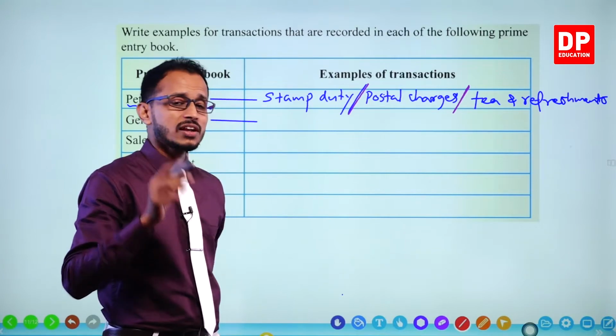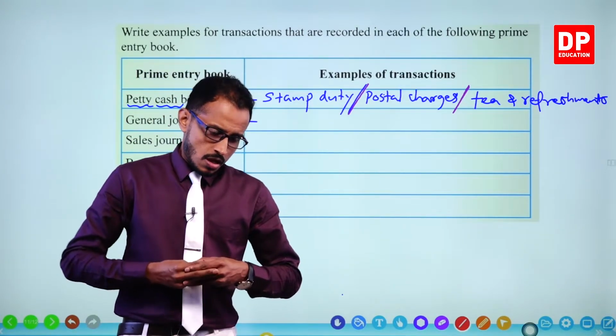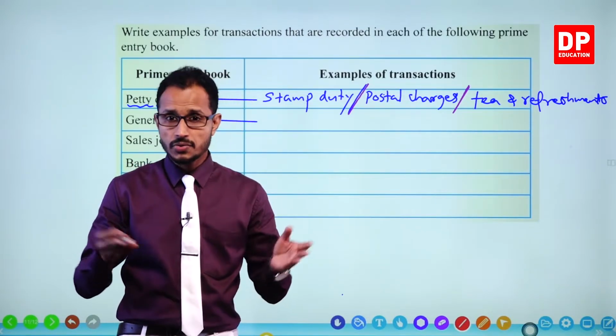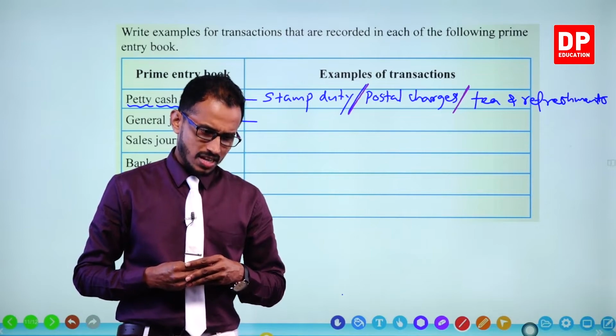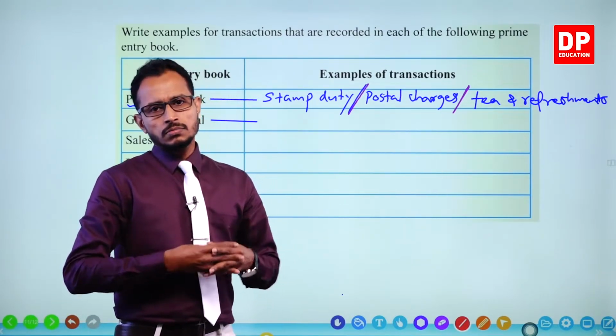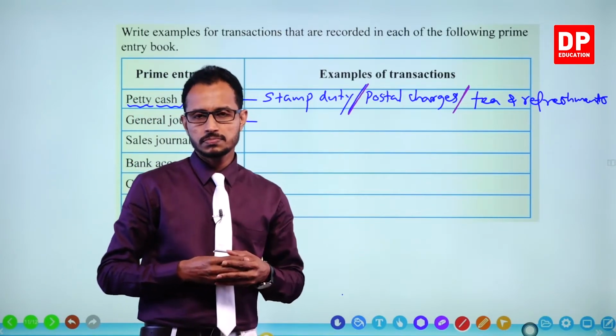If we take a transaction like a cash transaction, paying of water bill, paying of the building rent, a cash payment made to a creditor, all are cash transactions, all should go to the cash book.